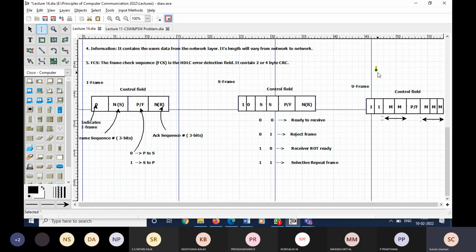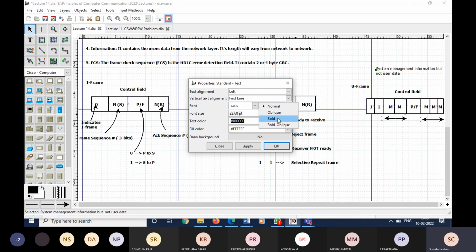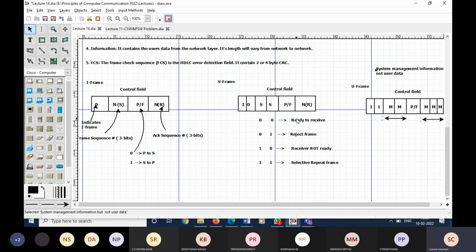Here, the user data won't be there; we will be having the system management information, but not the user data. Even in the S frame, we won't be having any kind of system or user data. It's just that you can think of the receiver sending this frame.